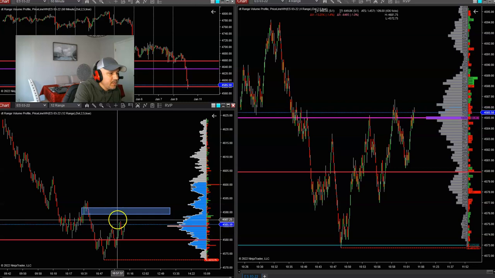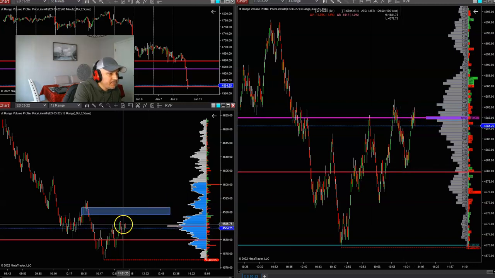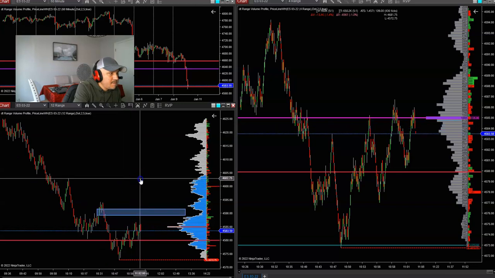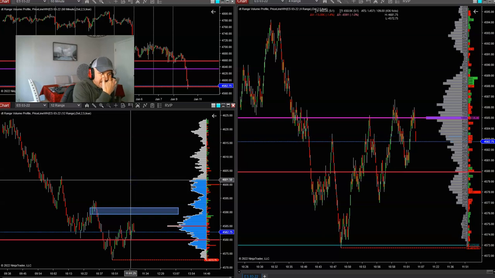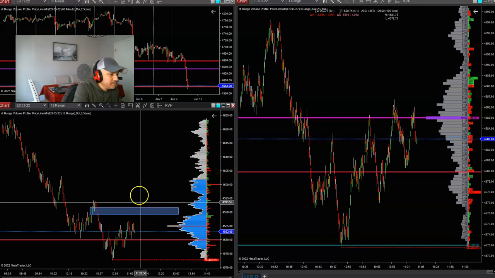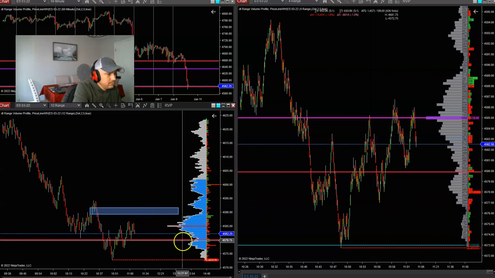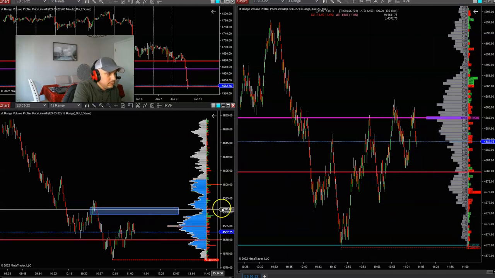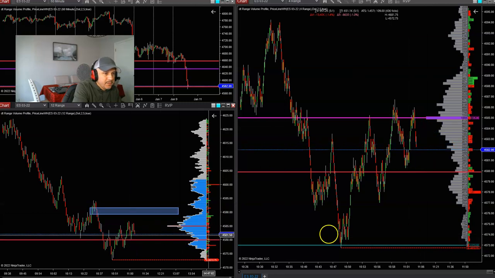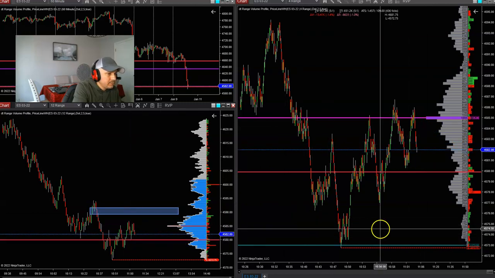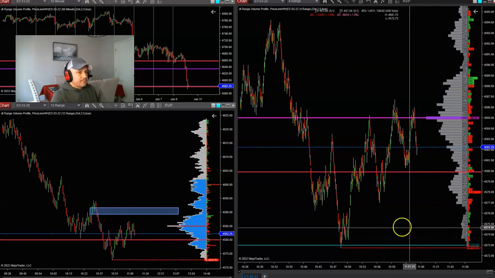I took that trade right there because I was looking at rejection on the 4-range chart. But the bias, like I said, is still to the downside. Yep, another short opportunity. Didn't take that one.